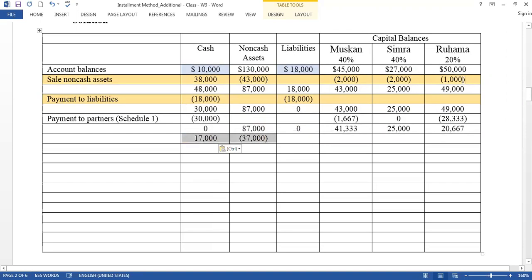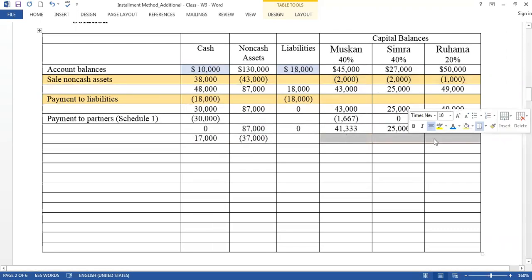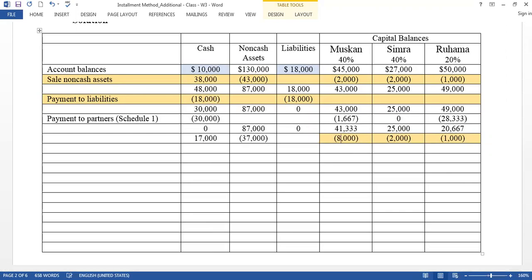So this loss is going to be absorbed by the different partners. So 8,000, 8,000, and 4,000. I'm not going to show you this journal entry. Why?